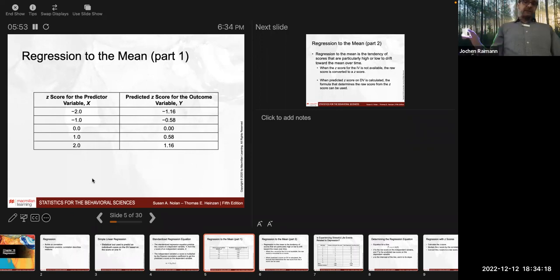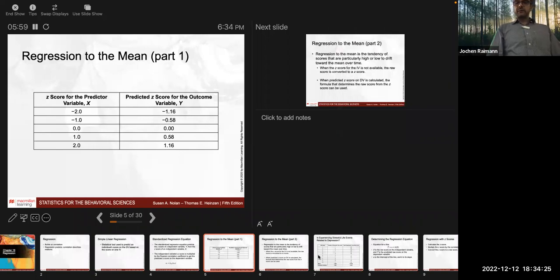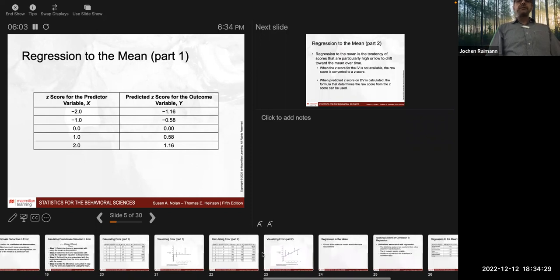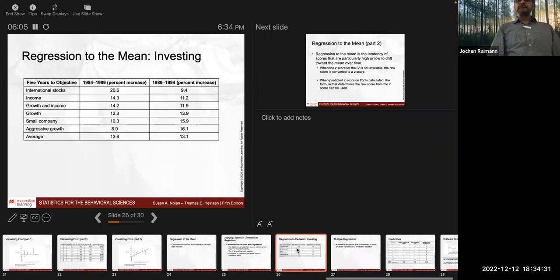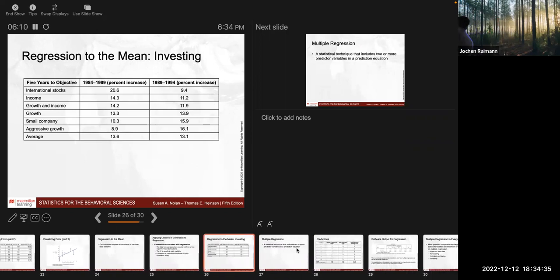This will be discussed in the following, then, on the example of stock market values. We can actually go there quickly. What you see here is a regression to the mean example, where you have two different time periods, and you see a prediction where the extremes tend to gravitate back to the smaller values in the second period.